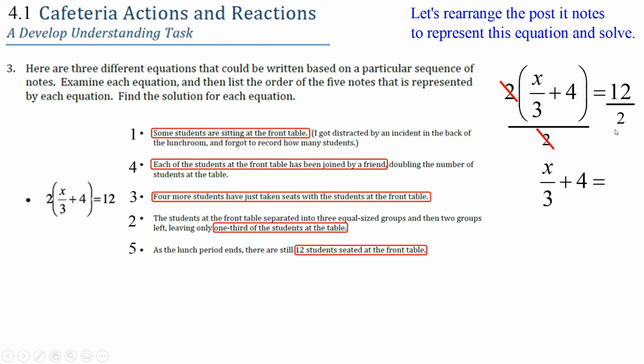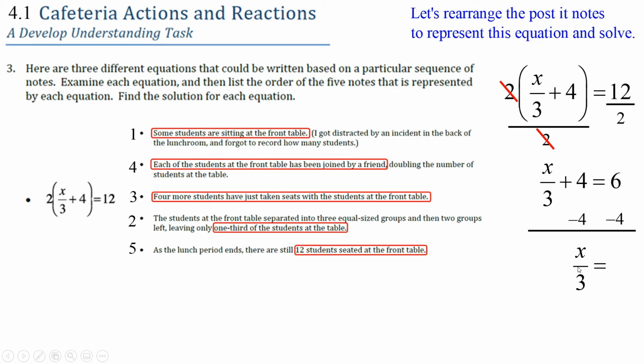Now, you have to get rid of the addition. So what undoes adding 4? Subtracting 4. And you're going to need to do that to both sides of the equation and then rewrite. So x over 3 plus 4 minus 4 is just x over 3. And 6 minus 4 is 2. And now undo division by 3.